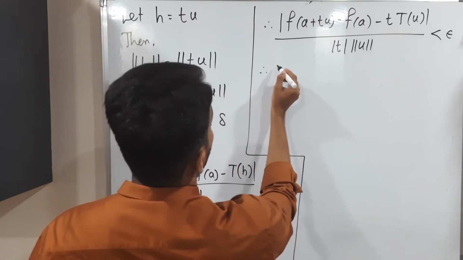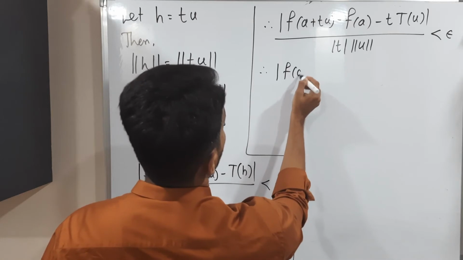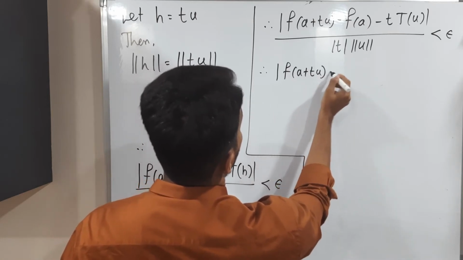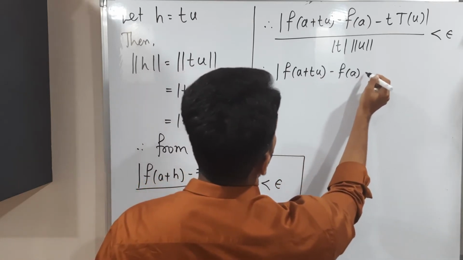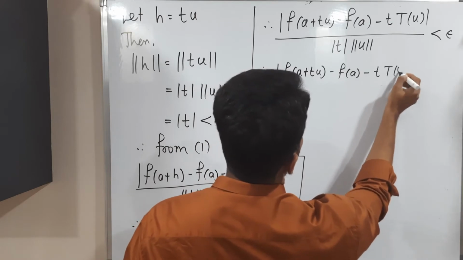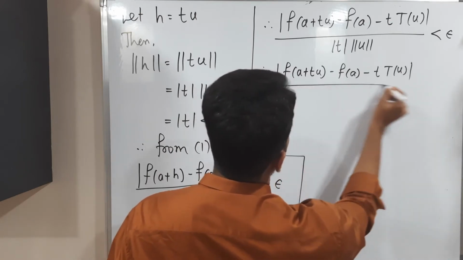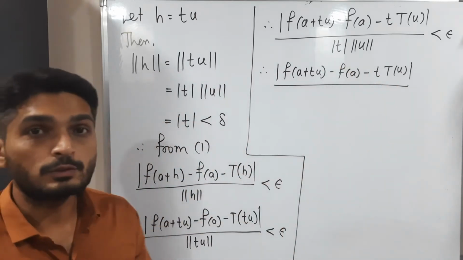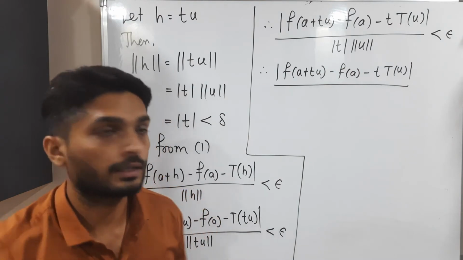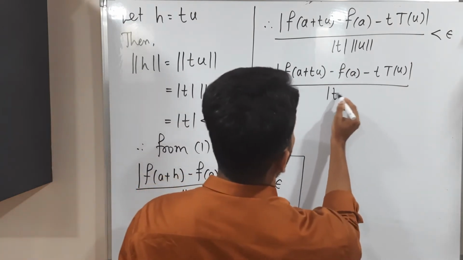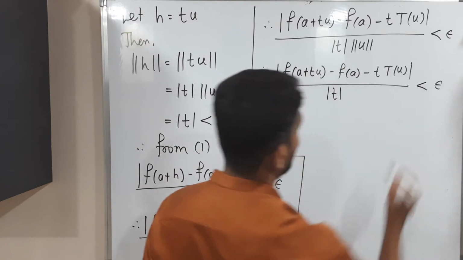Norm u is 1 since u is a unit vector. So we get mod f of a plus tu minus f of a minus t T of u, divided by mod t, less than epsilon.